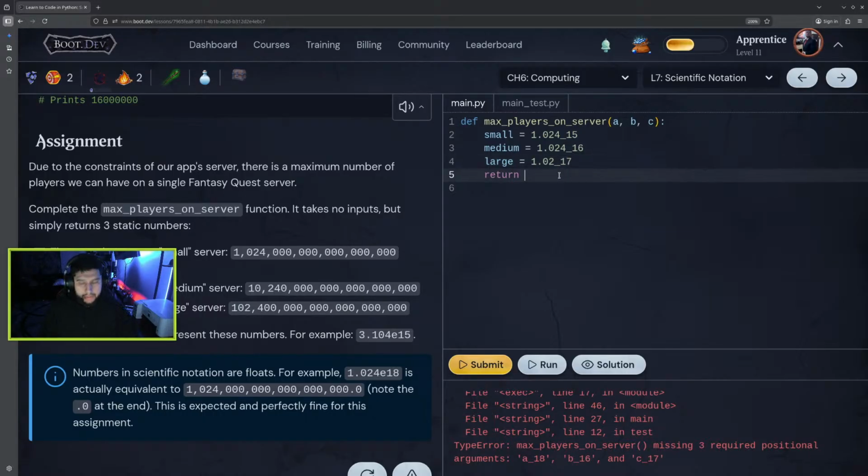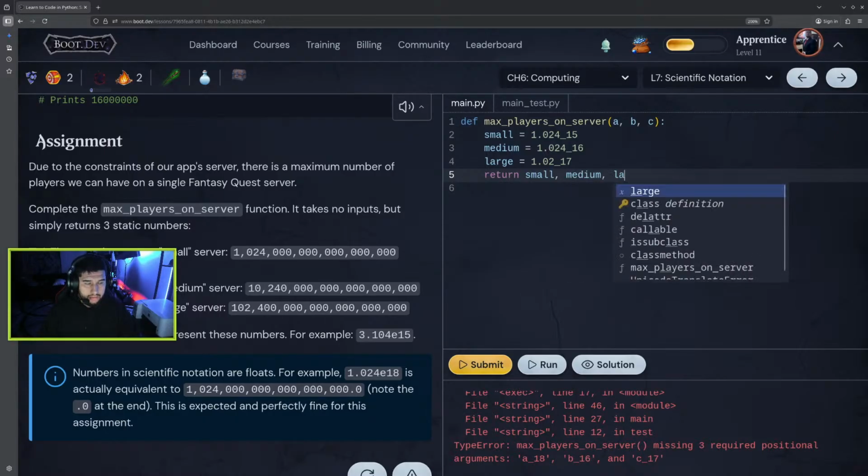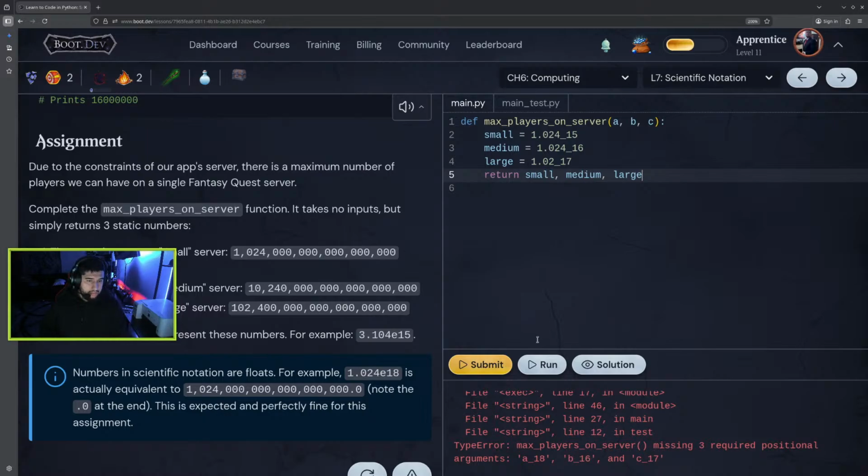And then return small, comma, medium, comma, large. No. Missing 3 required positional arguments.